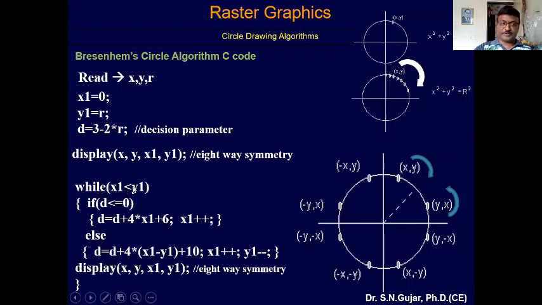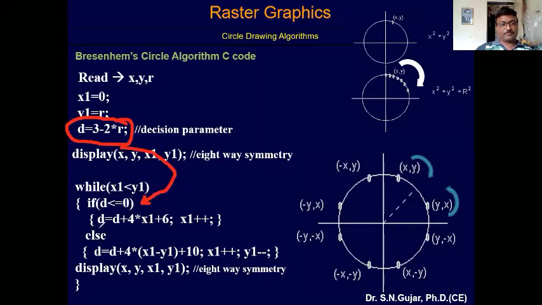Now while x1 is less than y1, opening curly bracket, if d is less than or equal to 0, that decision parameter which you have calculated, if it is less than 0, then d is equal to d plus 4x1 plus 6 and increment x1. Else, for the next decision parameter you have calculated, d is equal to d plus 4(x1 minus y1) plus 10, and here you increment x1 and decrement y1, and then pass this to the display function.